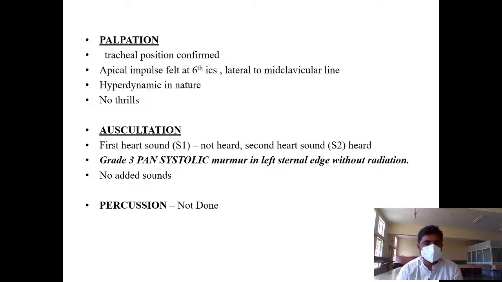So what is the importance of percussion? You percuss basically to figure out the cardiac borders: where exactly is the left cardiac border, where exactly is the right cardiac border. And one more important thing is percussing the left second intercostal space, medial to the mid-clavicular line, because that is where the main pulmonary artery lies.